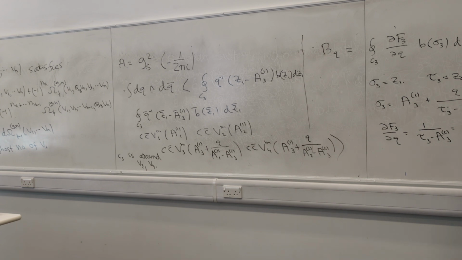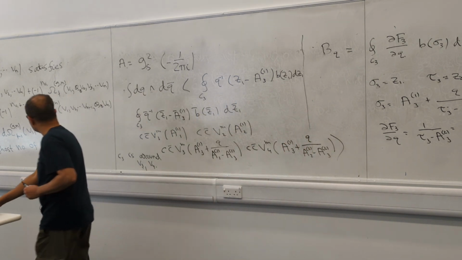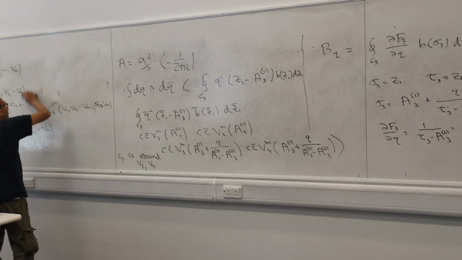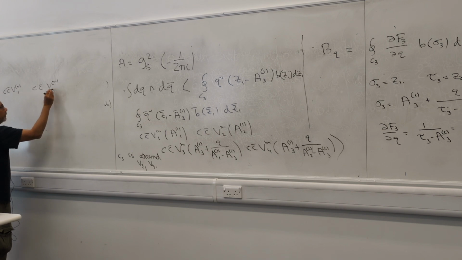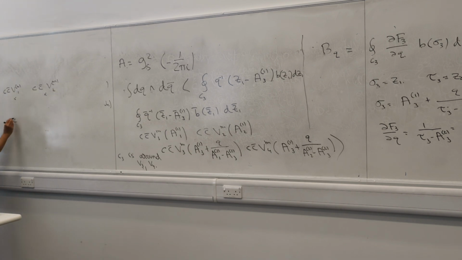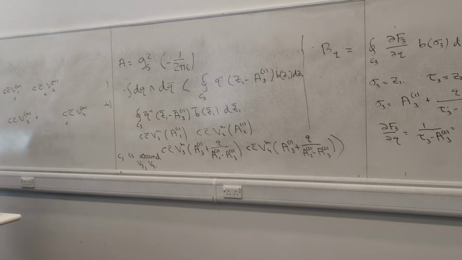So in the Z1 plane, C3 is basically, if you think of the complex plane, we have the points Vm1, Vm2, Vm3 and Vm4, and this C3 contour basically surrounds these two.